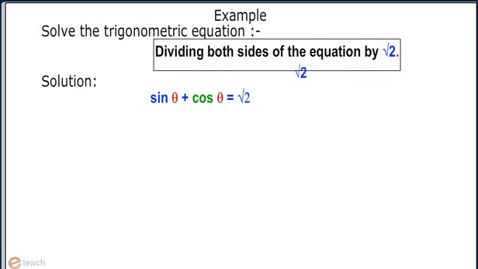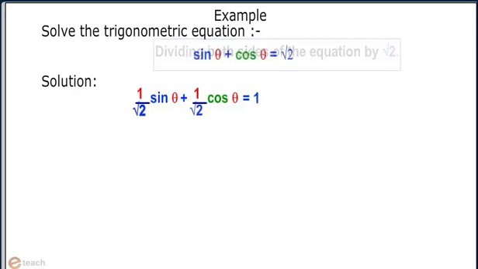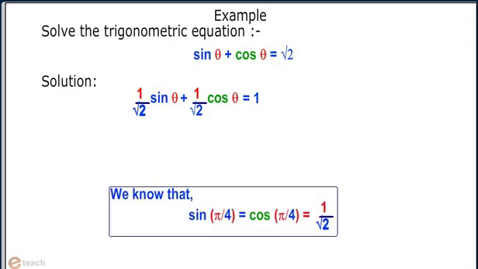We have 1 by under root 2 sin theta plus 1 by under root 2 cos theta equals 1. We know that sin pi by 4 equals cos pi by 4 equals 1 by under root 2.